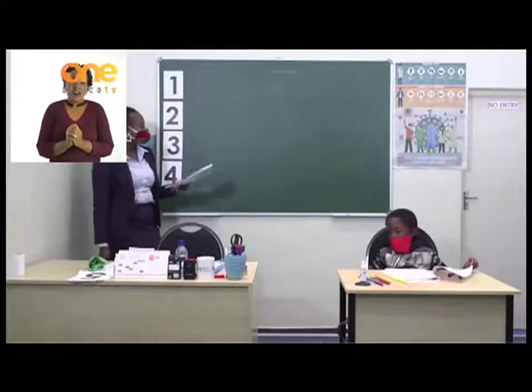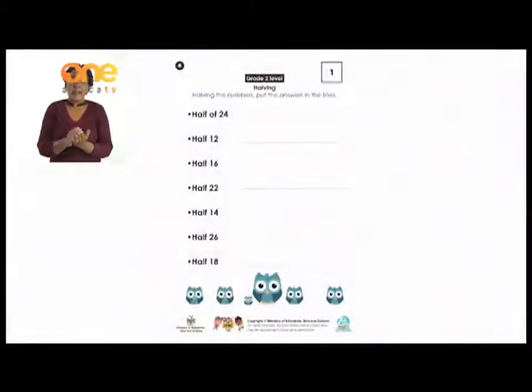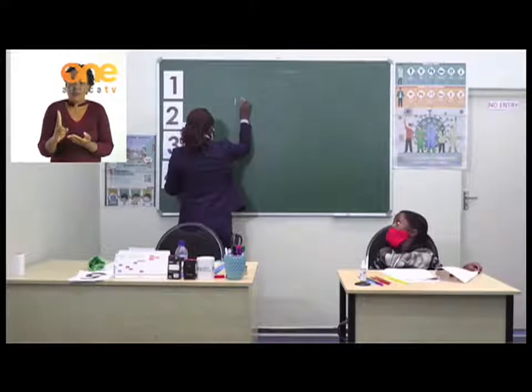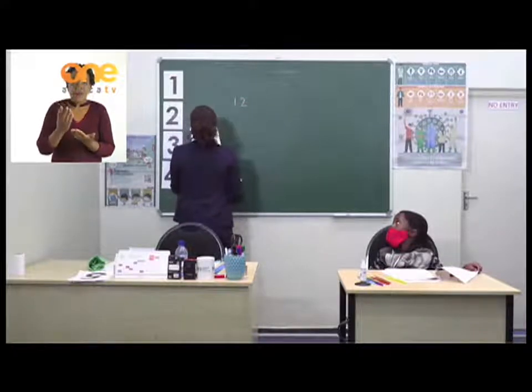Let's now turn to page 6, where we are going to talk about halving. Halving means sharing things between two people. Let's say we want to share 12 sweets. We have our 12 sweets.